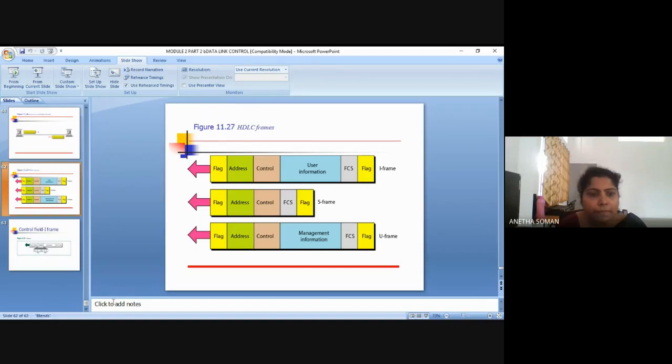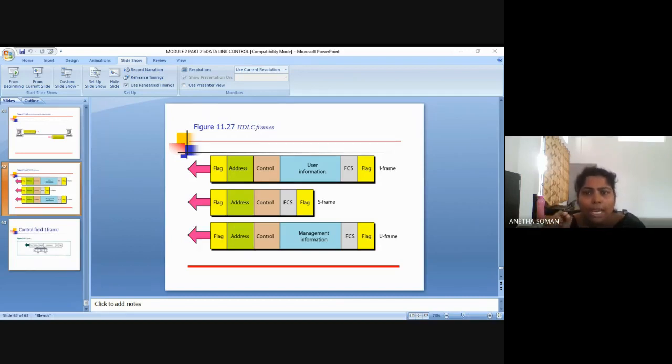This flag field is used both at the start of the frame as well as the end of the frame. It is an 8-bit sequence used to denote the start of the frame as well as the end of the frame: 0, six ones, and then a 0.